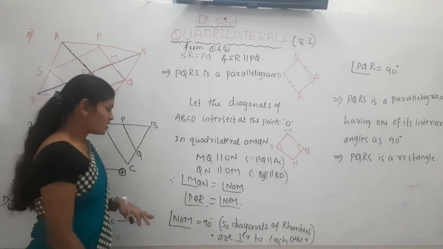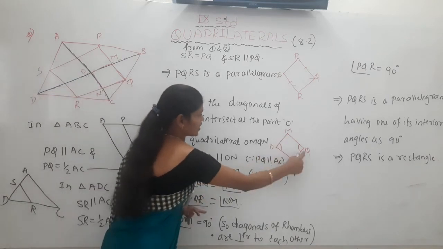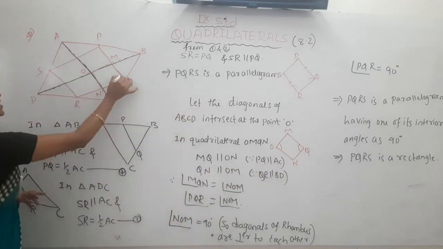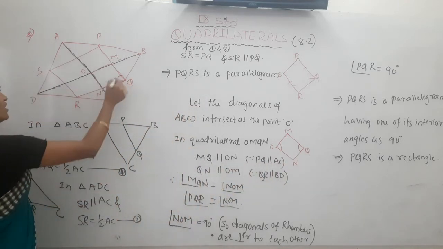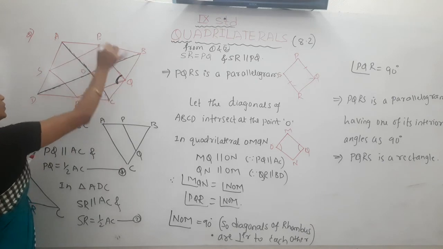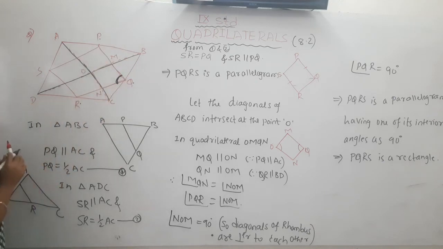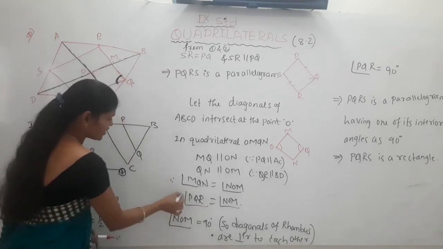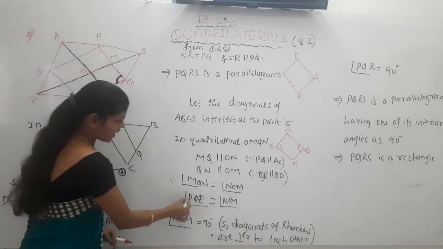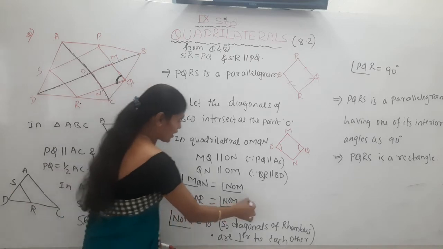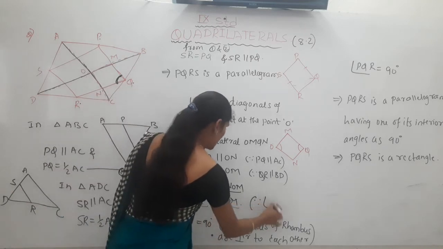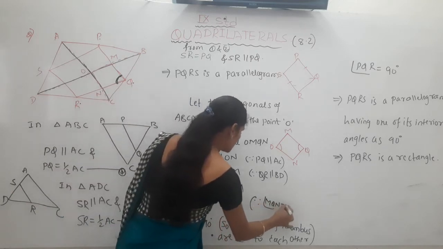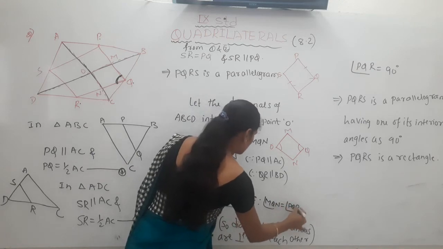You can take this angle Q, MQN, and write it as angle PQR. It is the same angle. So in place of MQN I will take angle PQR, which is equal to NOM. Why? Because angle MQN is the same as angle PQR, the same angle measurement.